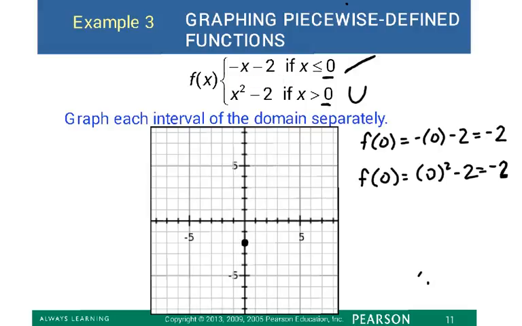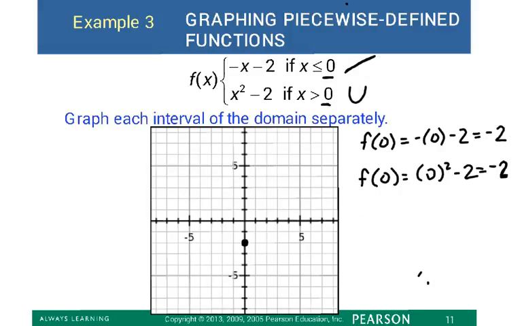We can just do that similar to the previous one, but we can also just find another x value that is less than 0. So pick a value that is less than 0 and plot that one and draw the rest of the linear function. So that's what I'm going to do.